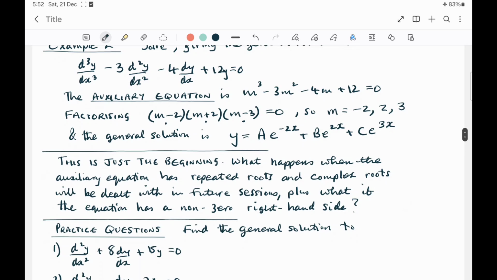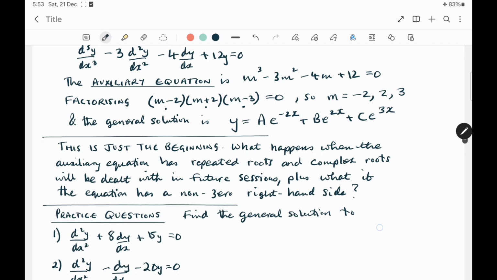And if it has complex roots, likewise, we'll postpone that to a future session, okay? Also, what happens when the equation is no longer homogeneous? In other words, it has a function of x on the right-hand side, okay? We'll deal with that again separately.